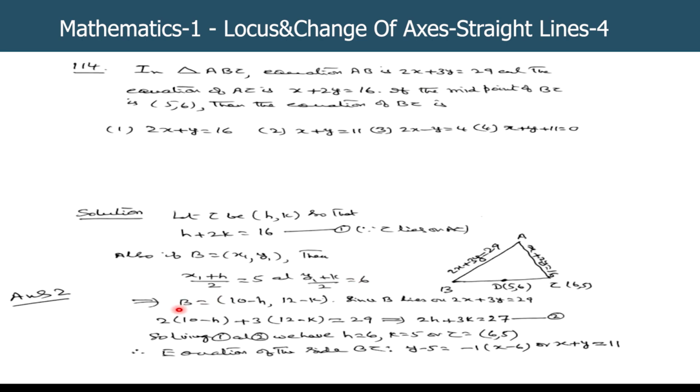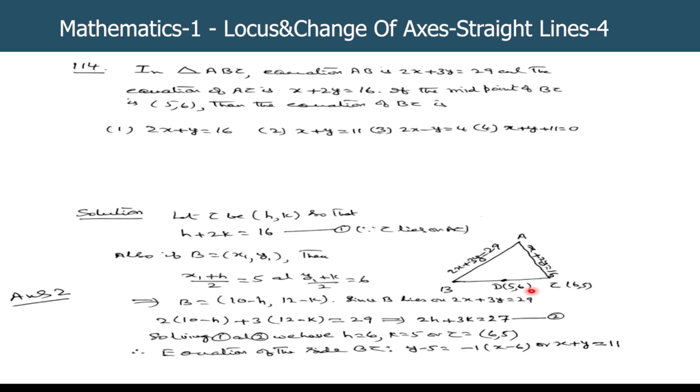Right. So B equals 10 minus h comma 12 minus k. Since B lies on 2x plus 3y equals 29, substituting 10 minus h and 12 minus k in the equation, you will get 2 into (10 minus h) plus 3 into (12 minus k) equals 29, or 2h plus 3k equals 27.